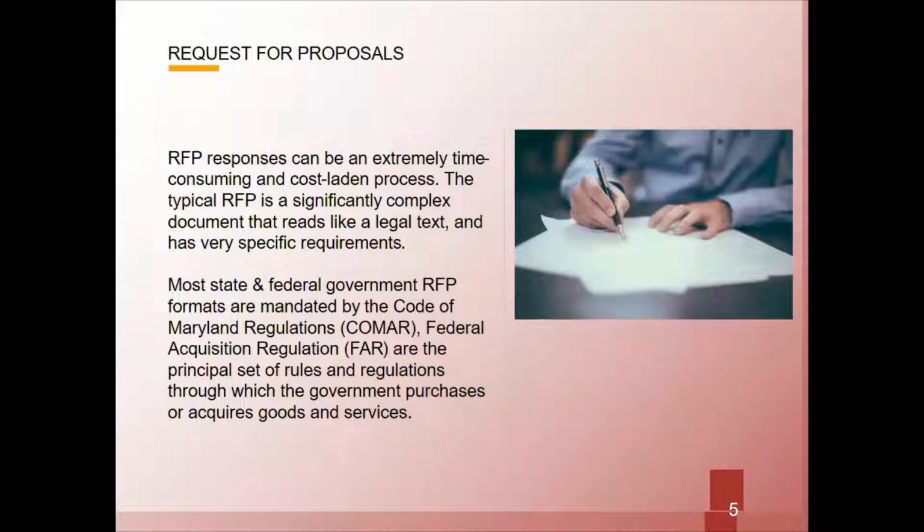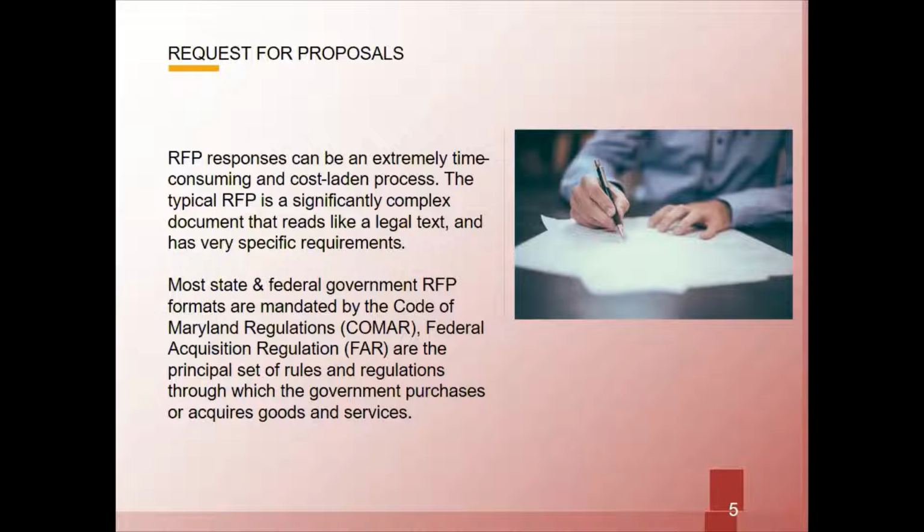The typical RFP is a significantly complex document that reads like a legal text and has very specific requirements associated with it. Most state government RFP formats are mandated by the Code of Maryland Regulations, better known as COMAR.